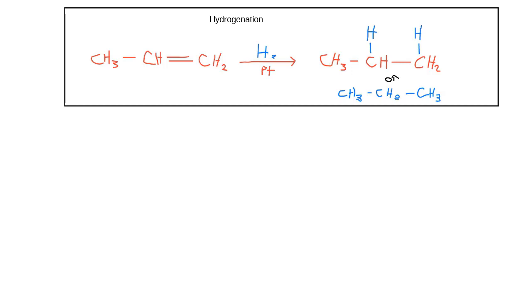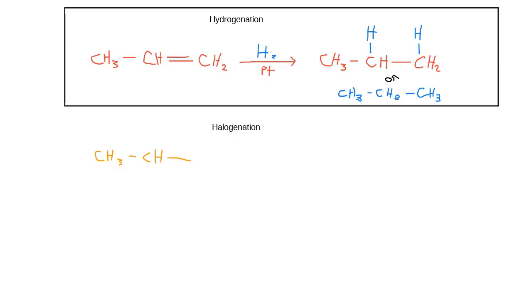All right, so let's go ahead and take a look at our next one, which is halogenation. So in halogenation, we have a similar feature. We get CH3, CH.